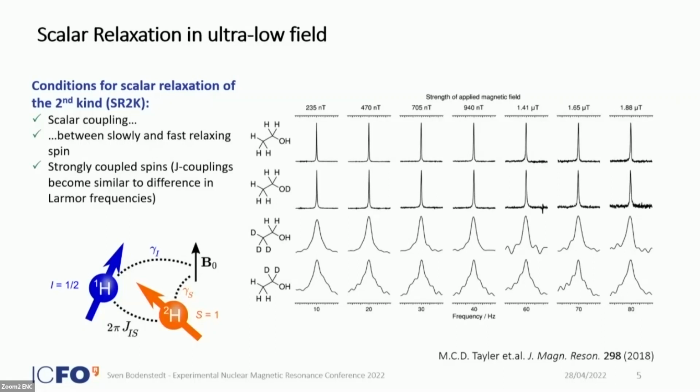You have to be a little bit careful interpreting just the line width in the spectra, because there are many contributions to the line width in general. But what you see is that the lines are getting broader, and this seems to depend on the amount of deuterium you have in the system.